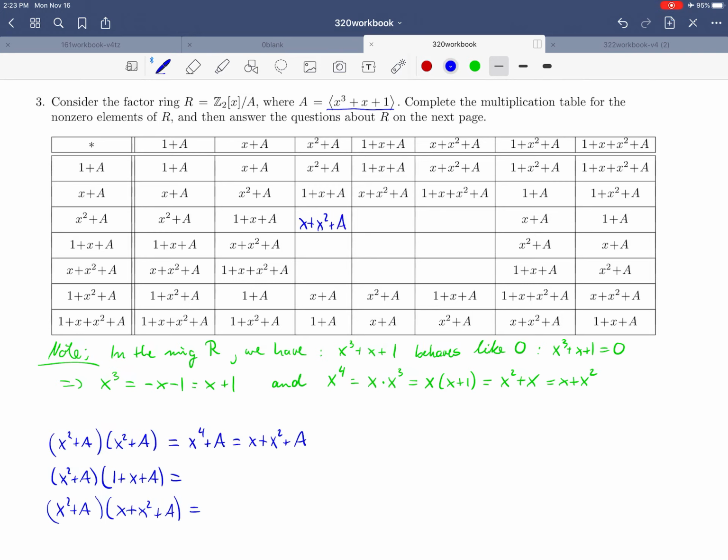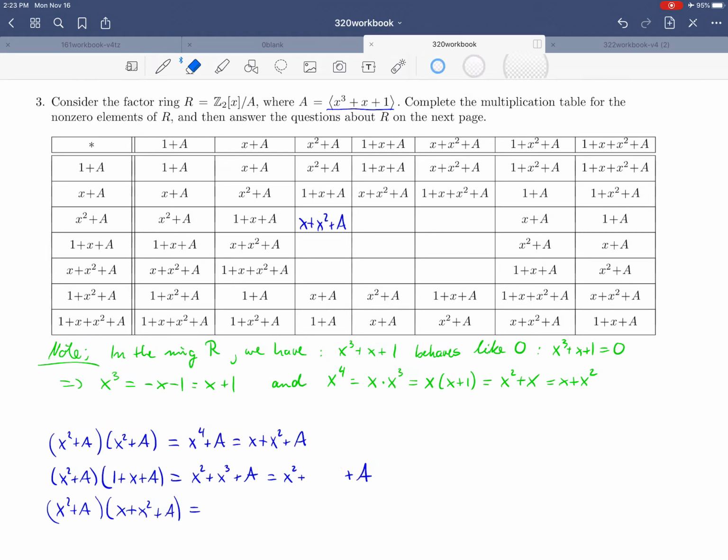Okay, next one over in this row is x squared plus a times 1 plus x plus a. That is x squared plus x cubed plus a. But the x cubed we can replace with... Oh, I'm sorry, I made a typo.